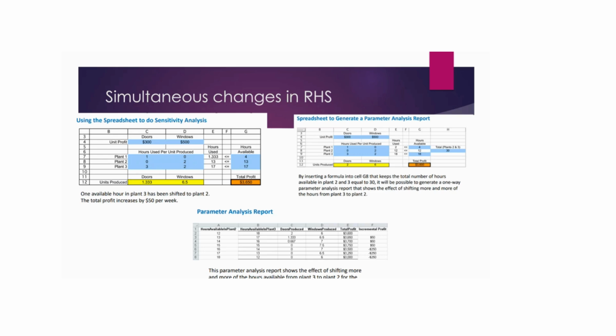It started turning negative when we have the combination of 16 hours in plant 2 and 14 hours in plant 3, which tells us that there is a limit to transferring the hours from plant 3 to plant 2. So it's really very important to calculate the incremental profit resulting from the simultaneous changes in the right-hand side.